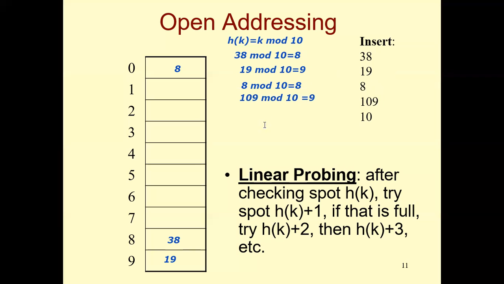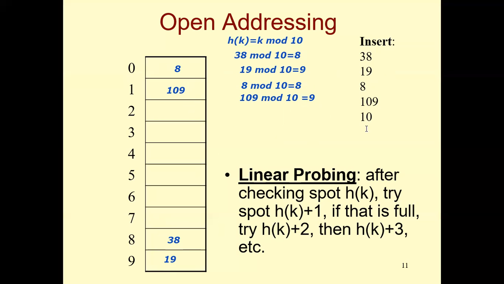So that means 109 should go into index 9, but this is the end. So what we're going to do is go back up to the top. 0 is occupied, so we come down, and the first space that we find is 1. So we're going to put the value here. So 109 would come here. That's the idea of the linear probing.